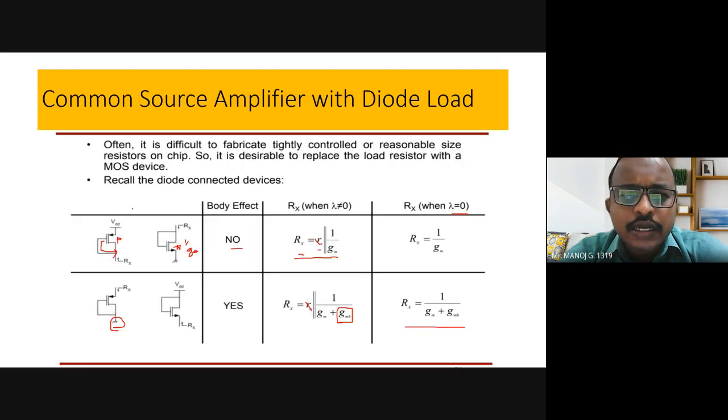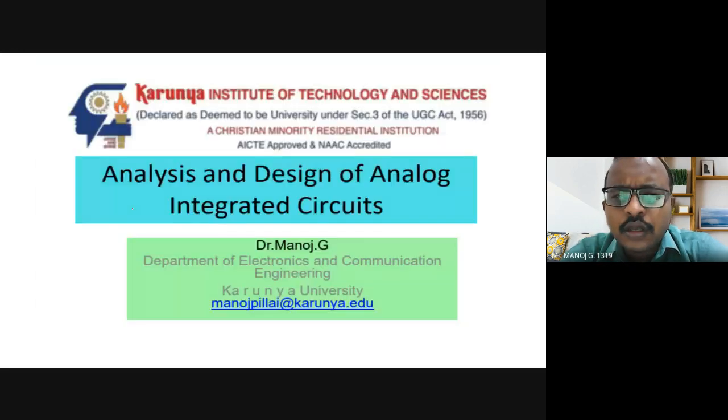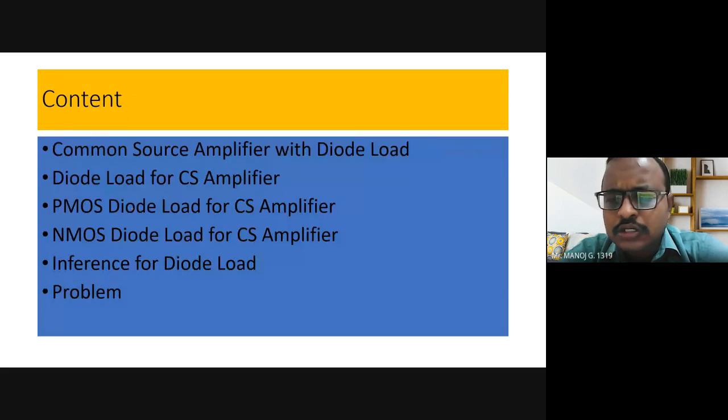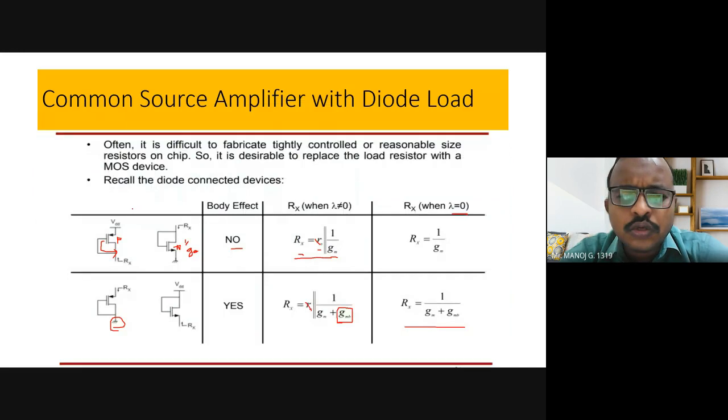Today's class, what we have seen is how to construct a CMOS common source amplifier with a diode load. We saw how to make a diode into a resistor, and how to make a transistor into a diode and use that as a resistance. The resistance value is 1 by gm.